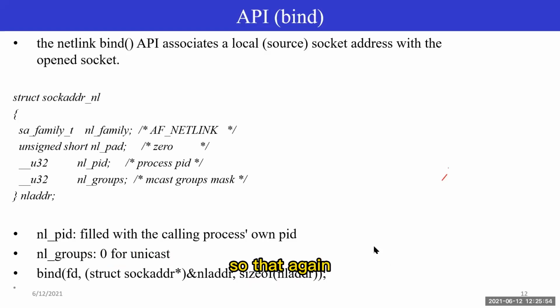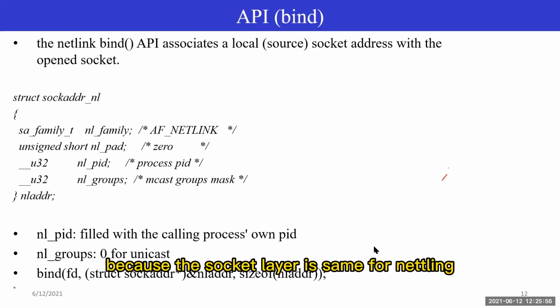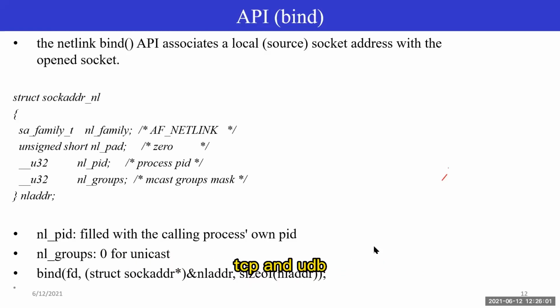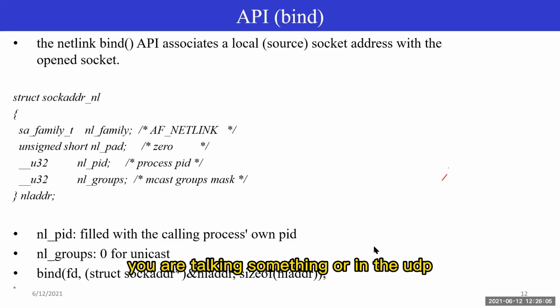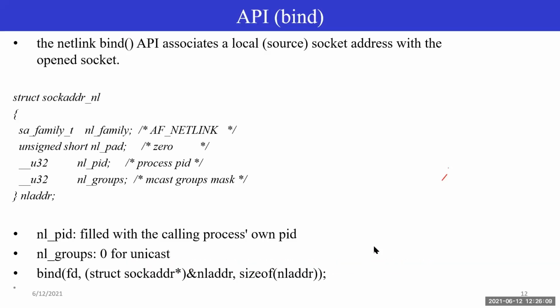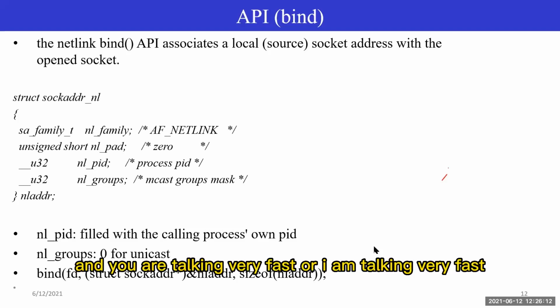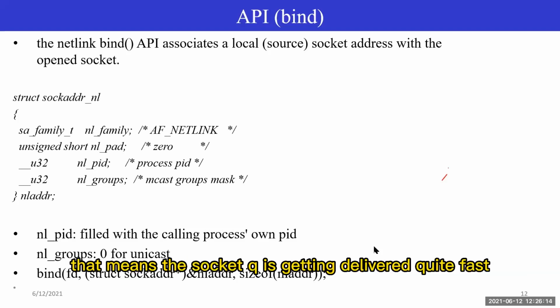So again, forget about Netlink, because the socket layer is the same for Netlink, TCP and UDP. In TCP or UDP, you are talking, and the socket layer is queuing that message, and you are talking very fast, or I am talking very fast. That means the socket queue is getting the data quite fast.